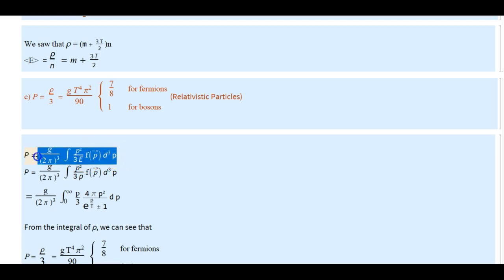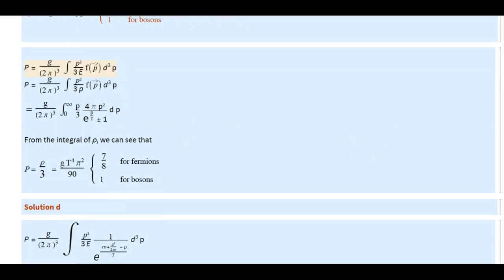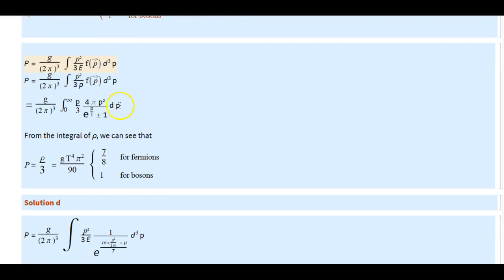This is the expression for pressure in both the relativistic and non-relativistic regimes. Now we need to plug in E and f(p) in the relativistic regime. E is p, f(p) is 1 over e to the power p over T plus or minus 1, and d^3p becomes 4 pi p squared dp.